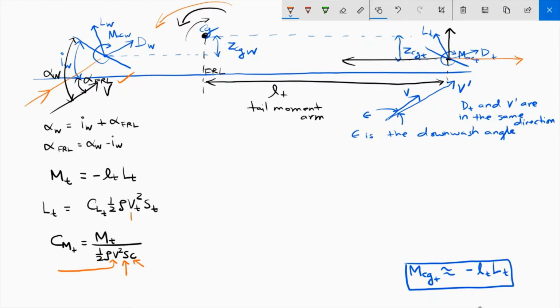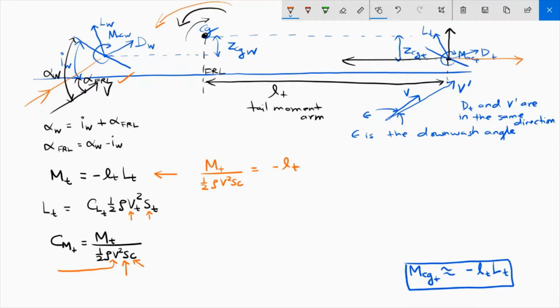Whereas the Vt here is the velocity which is seen by the tail, and St is the planform area of the tail.